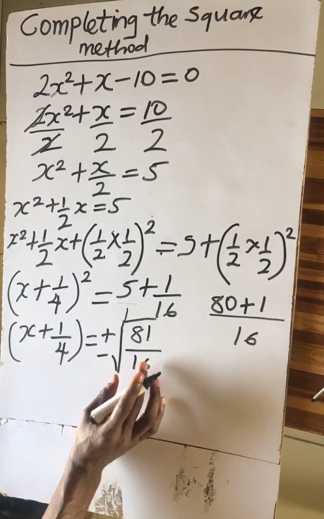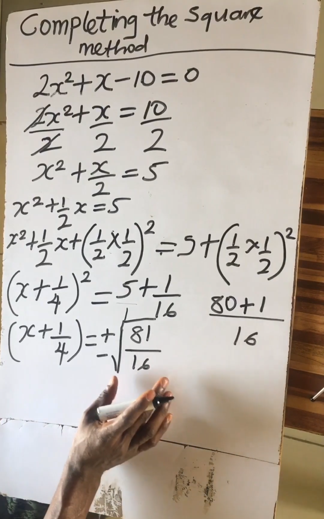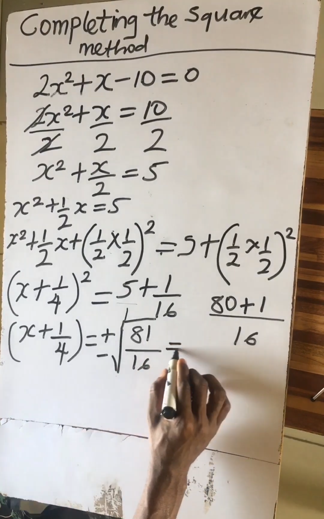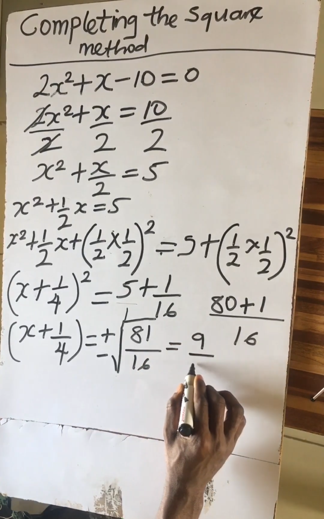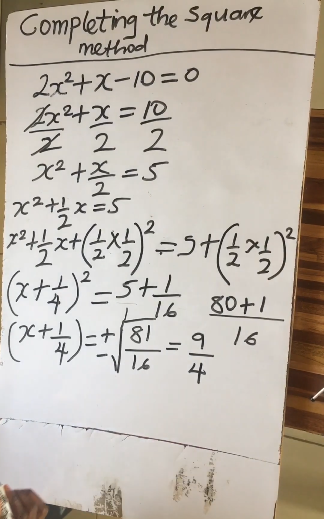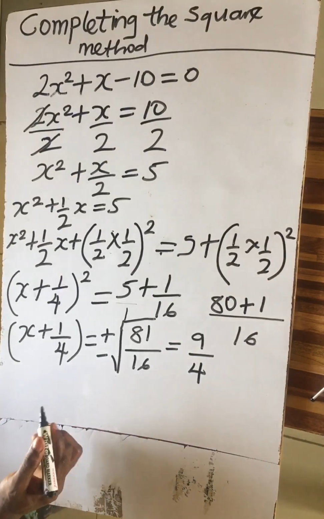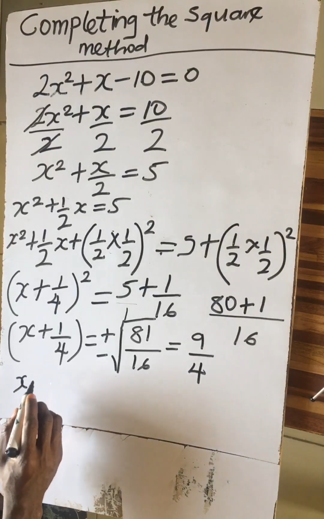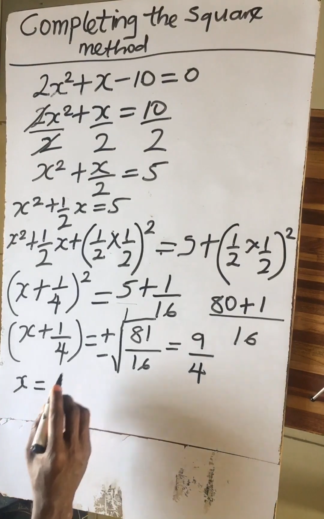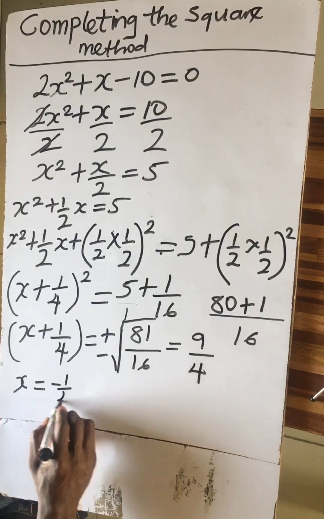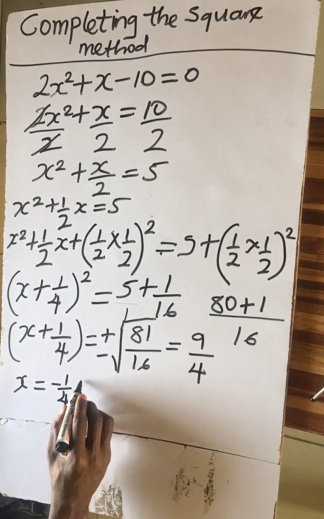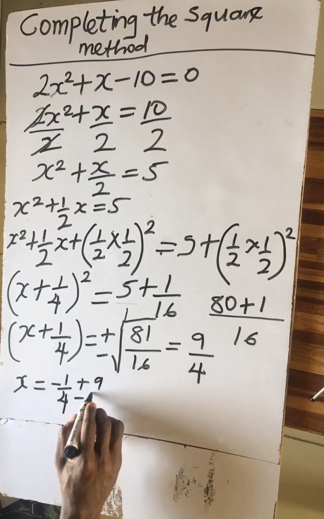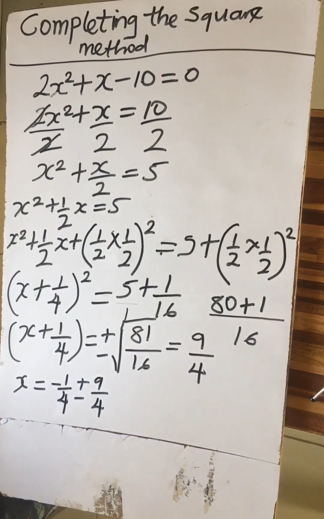The square root of 81 all over 16 is equal to 9 all over 4. So to get our final answer, we now have x equal to minus 1 over 4 plus or minus 9 all over 4.